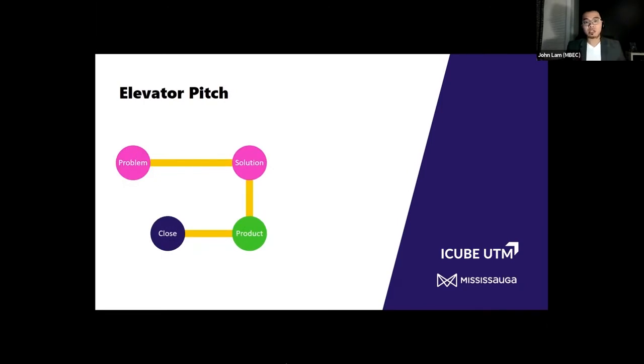Now, elevator pitch, this is the quickest one, right? It's just get to the next conversation, just get people interested. So you see there are really only 4 elements, and of course, not a one size fits all. So depending on who you're talking to, you might only get to talk about the problem, or you might only get to talk about the solution. You don't actually get to the product, right?